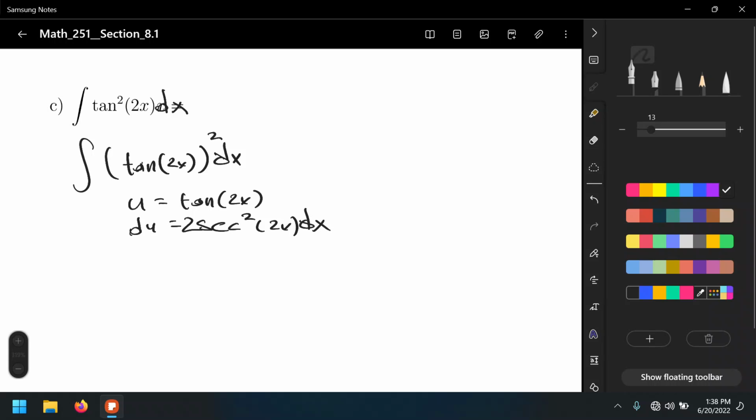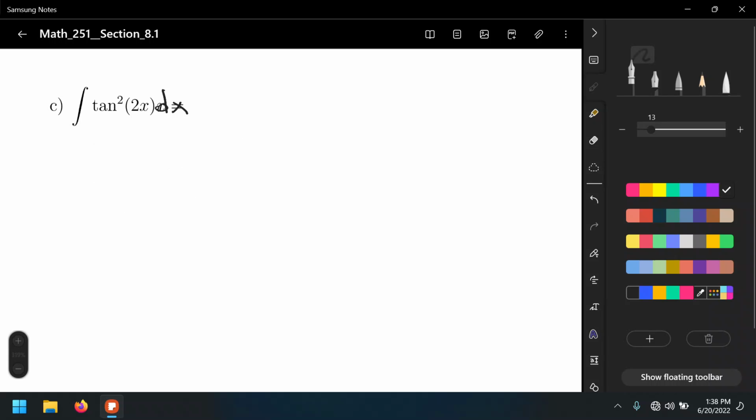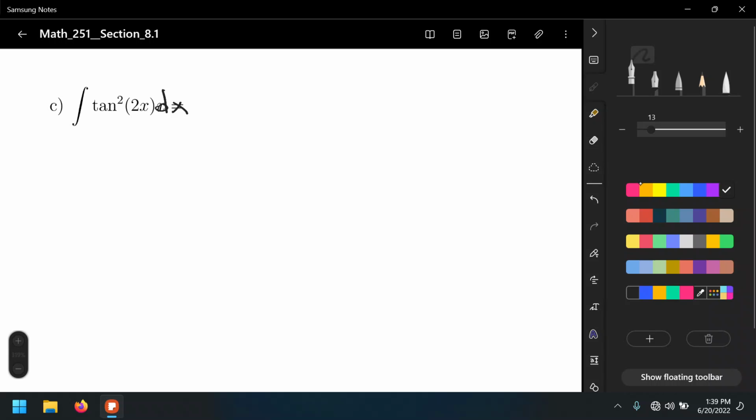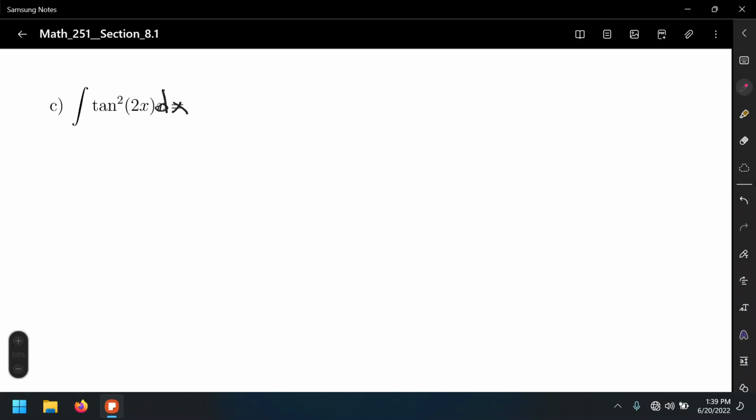But there is a problem here. The problem here is that we don't have that factor of secant squared, so we can use it to stand in for the du part of the setup. So this is not going to be the way for this one. All right, so instead let's use a trigonometric identity. So in this case there's a trigonometric identity that involves tangent. So let me write it down.